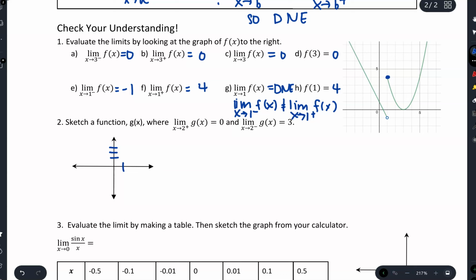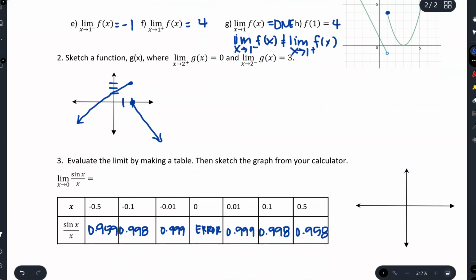All right, so from the negative direction, it's 3. So like this, I don't know. It could look like anything, like I said. And then from the positive direction, it's going to 0. So something like this. So this is what this will look like. So there's a gap in the graph.